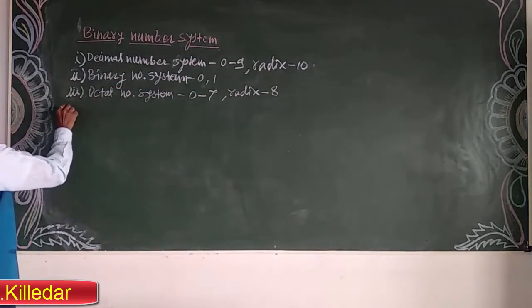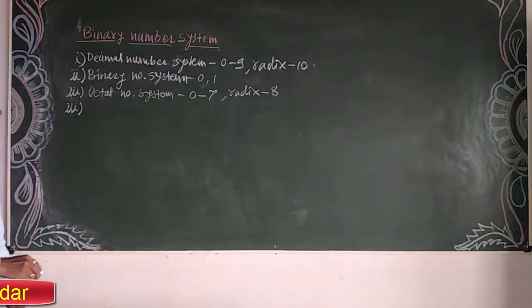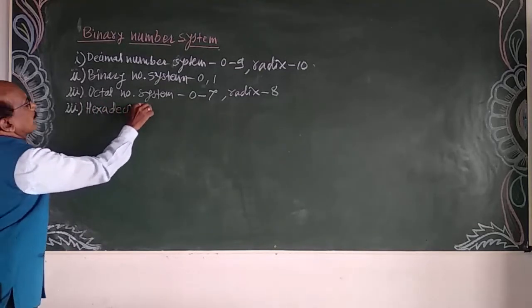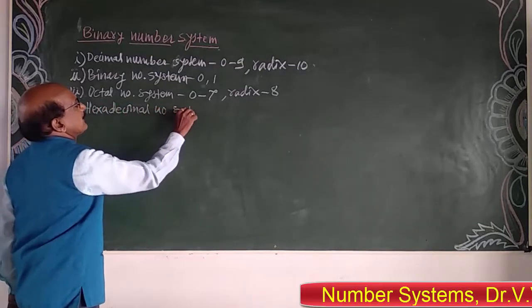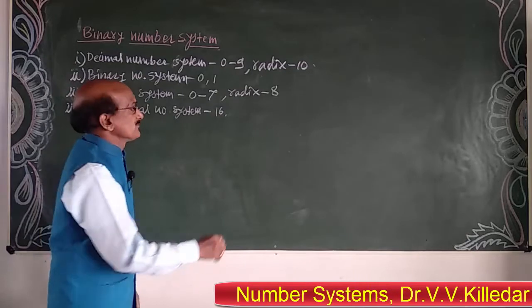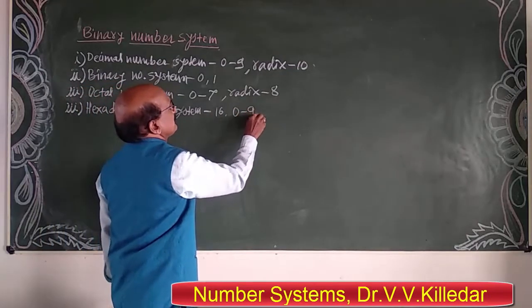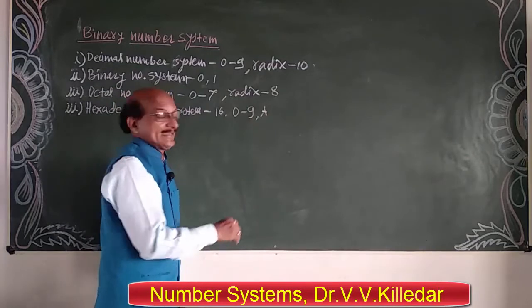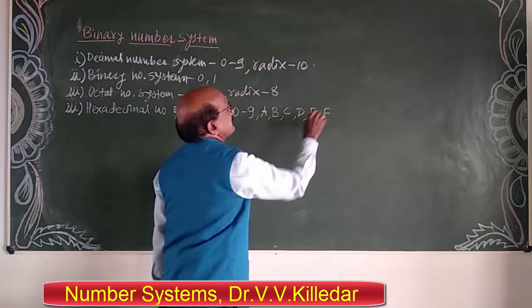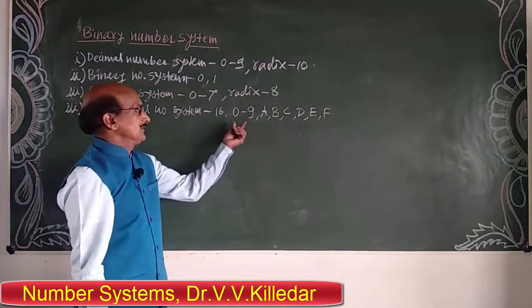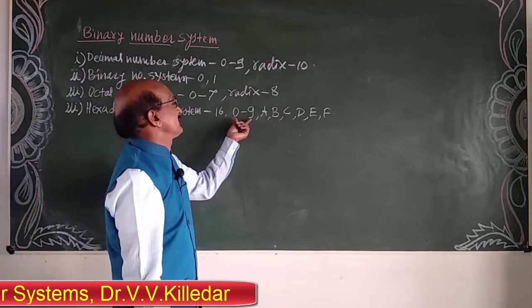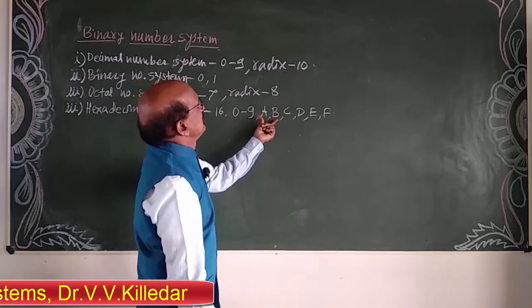Now, there is one more number system, that is hexadecimal number system. In this number system, 16 symbols are used. These 16 symbols are 0 through 9, then 10 is represented by A, then B, C, D, E, and F. So, in all, 0 through 9 are 10 symbols or characters, and these are 6.